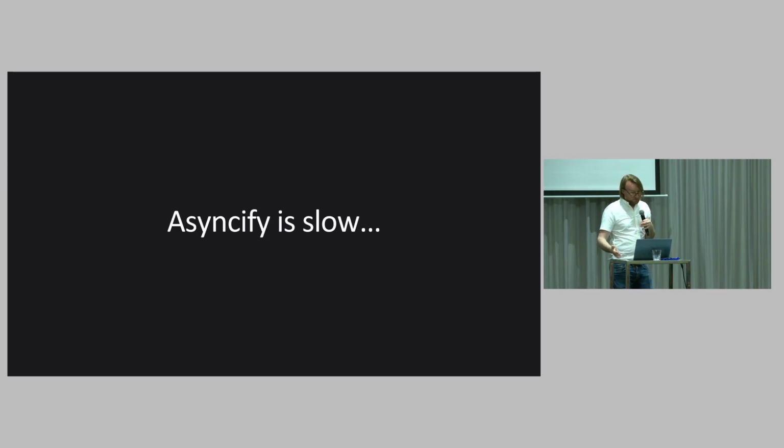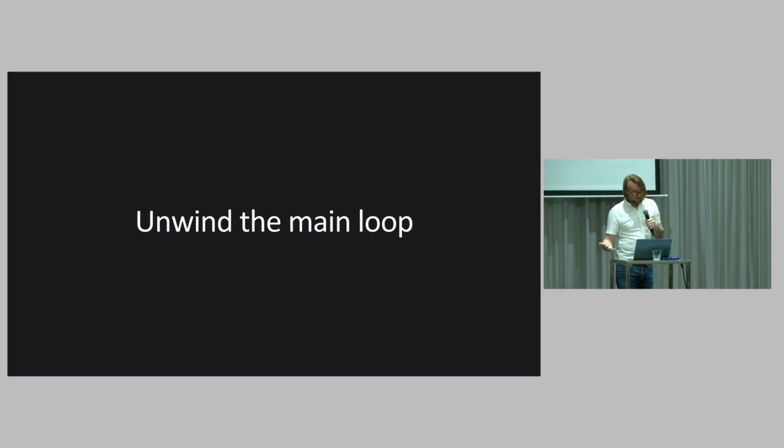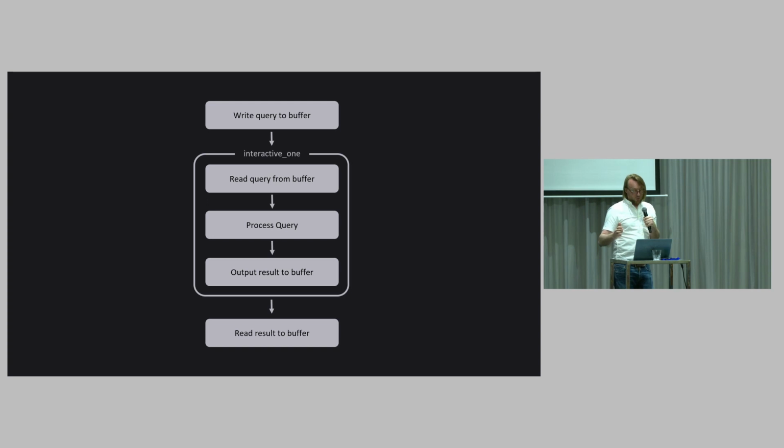But there was another issue. Asyncify is slow, really slow. It turns out unwinding the C stack and serializing it and trying to wind it back up again is not something that you really want to do. But we were only using it in that one place to wait on that promise on the main loop. So what do we do? We unwind the main loop. We came up with this scheme.